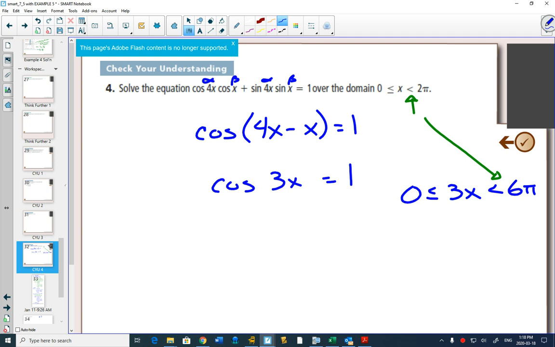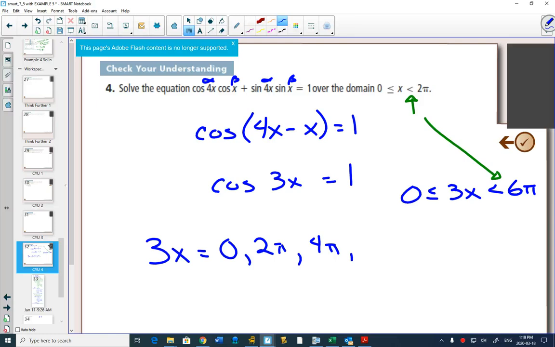How do we solve a multi-revolution question? Well, we solve for 3x first. And when is cos equal to 1 on your unit circle? 0 and 2 pi. That's the first time around. We've got to go 3 times around. Second time around would be 2 pi and 4 pi. Third time around would be 4 pi and 6 pi, but 6 pi is not included. So we have 0, 2 pi, and 4 pi.